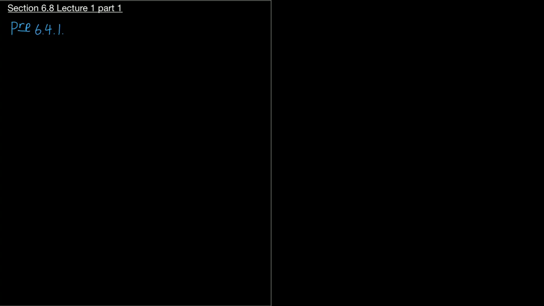And so I'd like to be able to pass easily from one to the other. So here is, it's not quite called a proposition in your book, but here's the start of section 6.4.